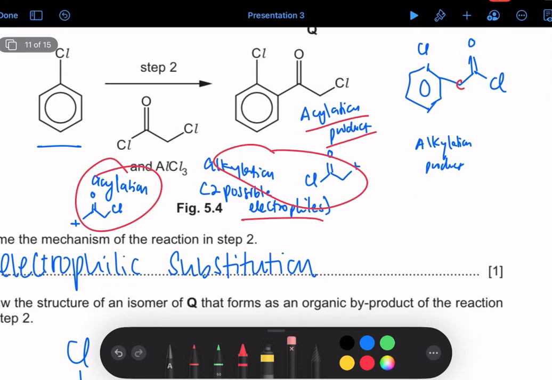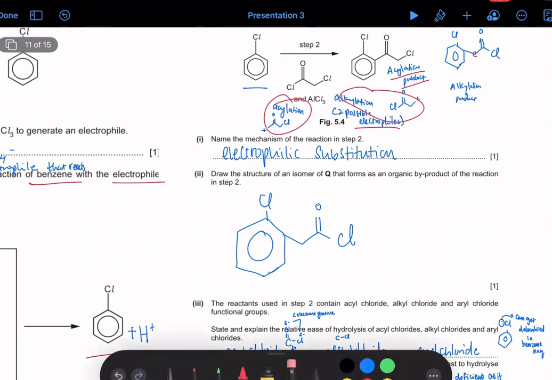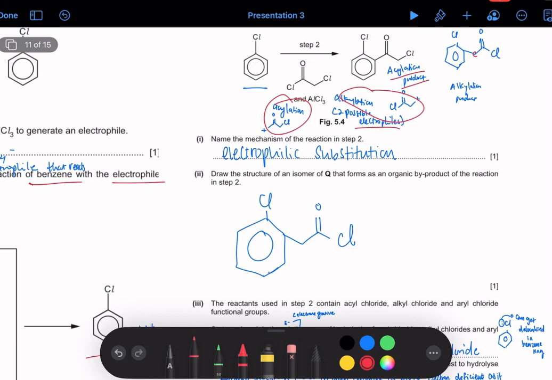Alright. Okay. Name the mechanism of reaction in step 2. This one is electrophilic substitution. Again, question II. Draw the structure of an isomer of Q that forms as an organic byproduct of the reaction in step 2. Alright, so for this one would be your alkylation product. So yeah, this is the end product.